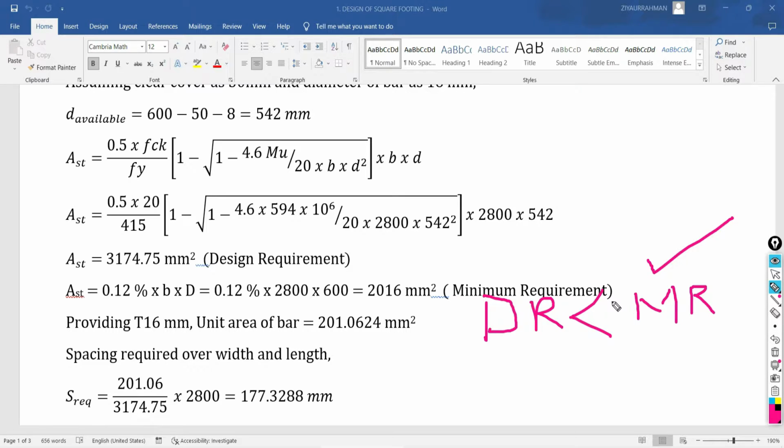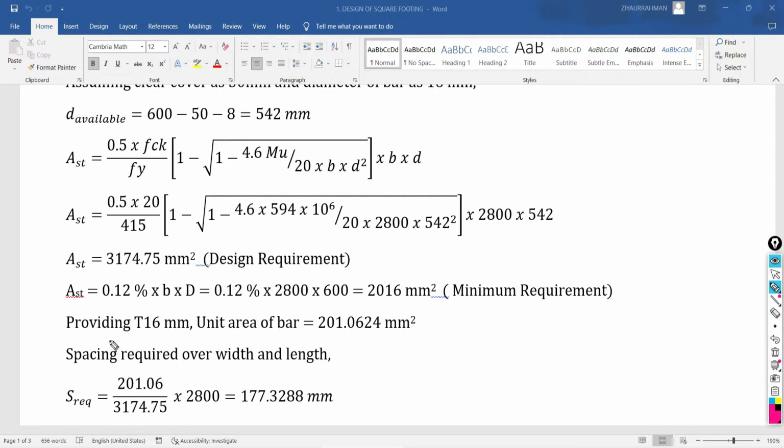So in any problem, among these two values, whichever you get more, with that value you have to proceed. In our example, we are getting the design requirement more, so according to the design requirement, we are going to provide the reinforcement.